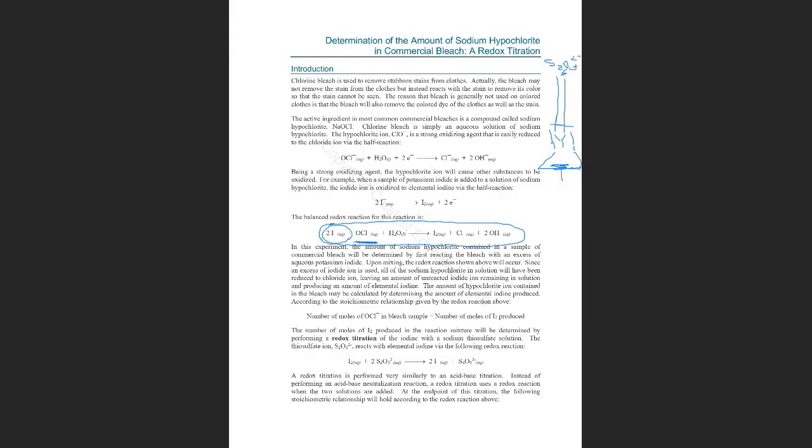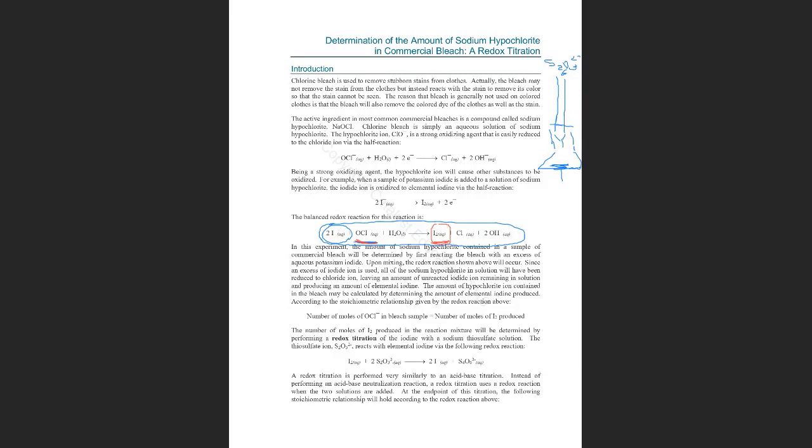If you look at this reaction, the number of moles of elemental iodine equals the number of moles of hypochlorite. So if we titrate and calculate the number of moles of elemental iodine, we know the number of moles of sodium hypochlorite.